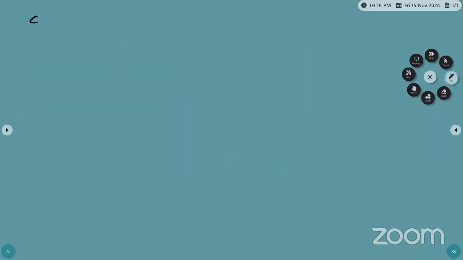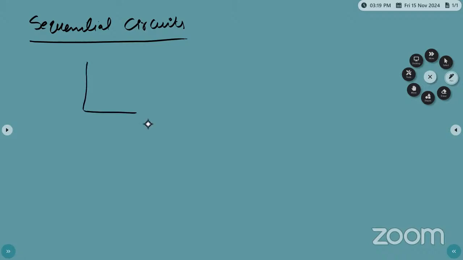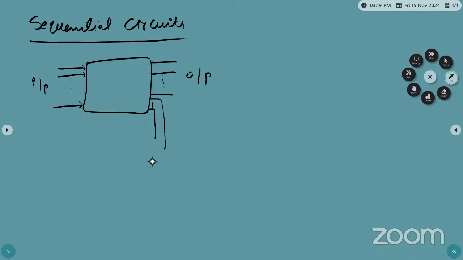Now, the block diagram of sequential circuits: inputs, and outputs, and similarly we are using feedback also.